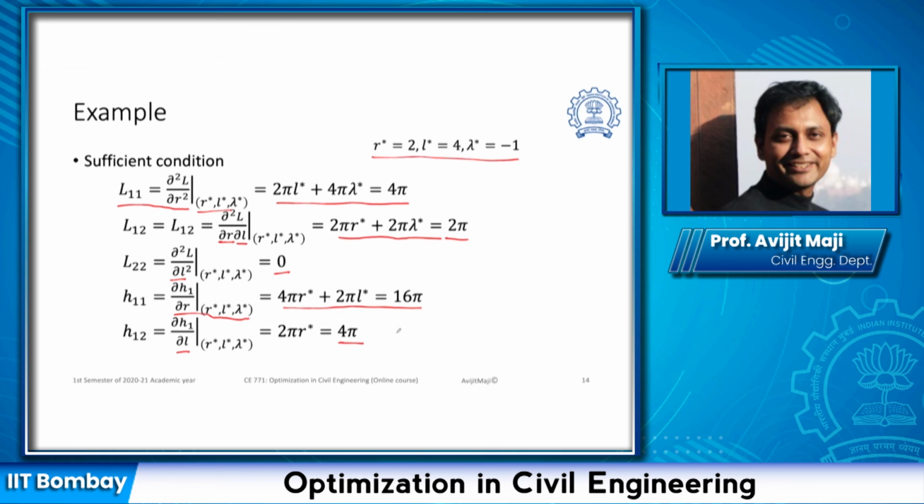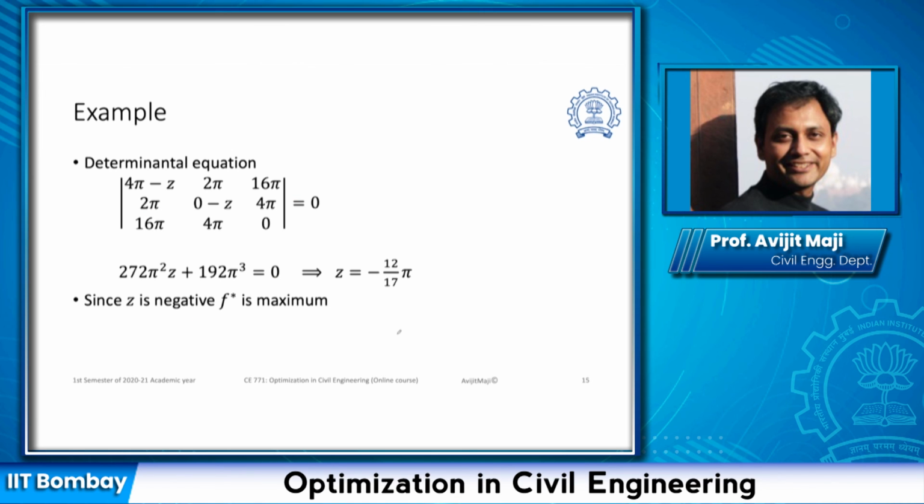Now we need to construct the matrix for the determinantal equation. We can write L11 as 4 pi minus z, then L12 was 2 pi and H11 was 16 pi.